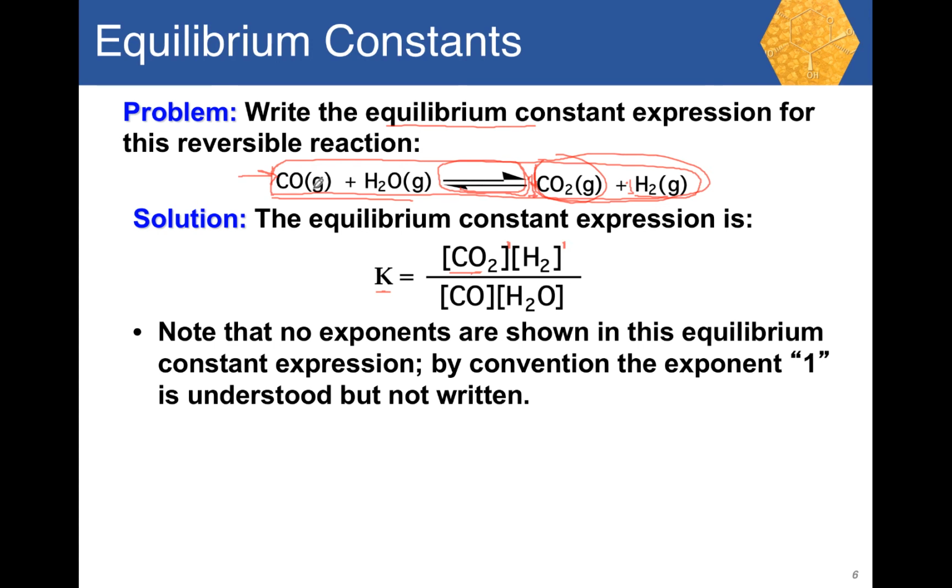The reactant, carbon monoxide, here it is, raised to 1 and not written. Water is the other reactant, and it's 1 because of the balanced equation. So if you were asked to write the equilibrium expression for this reaction, it would be this.